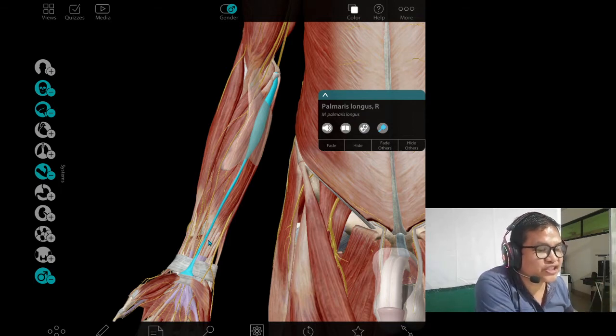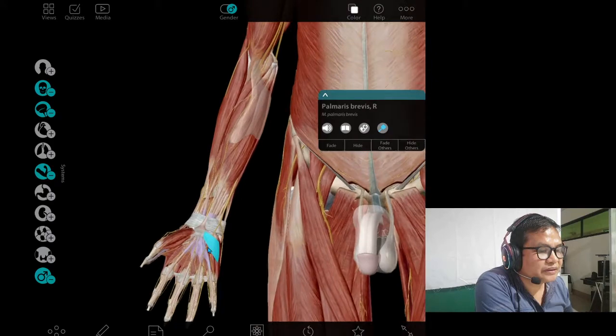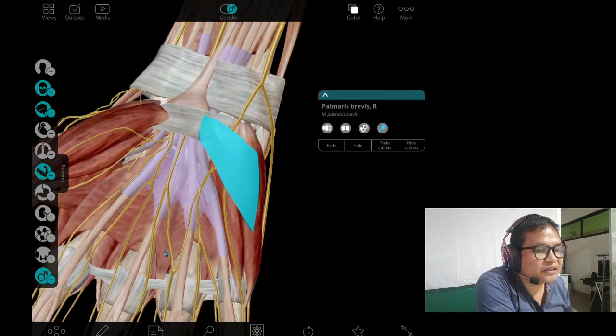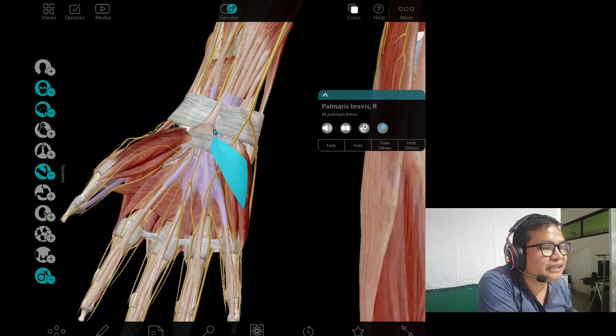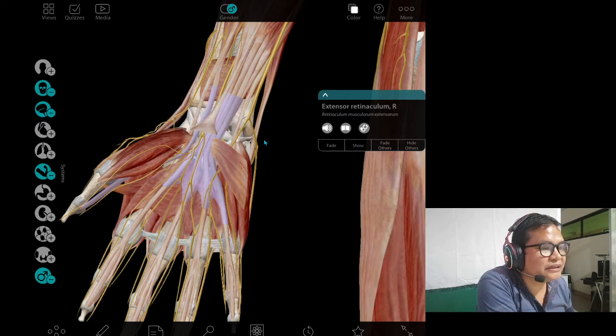It inserts into the flexor retinaculum. Now, I'm going to hide that one, and this one, hide.